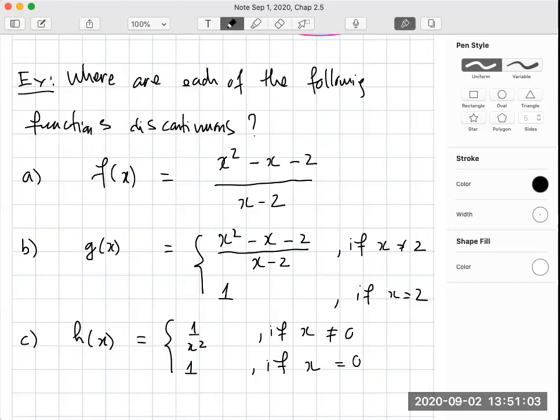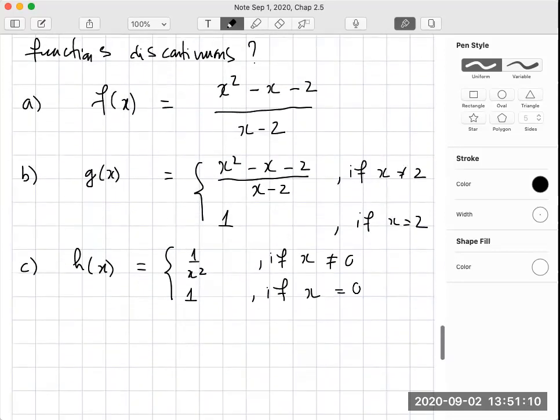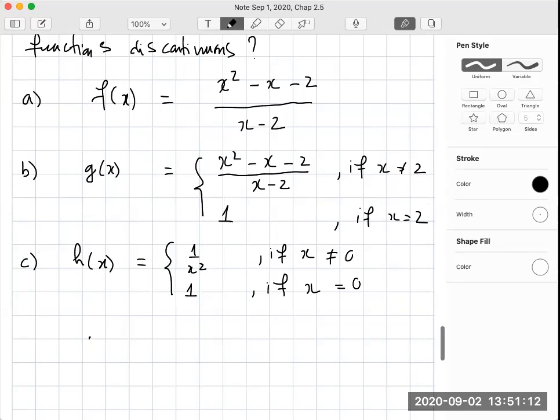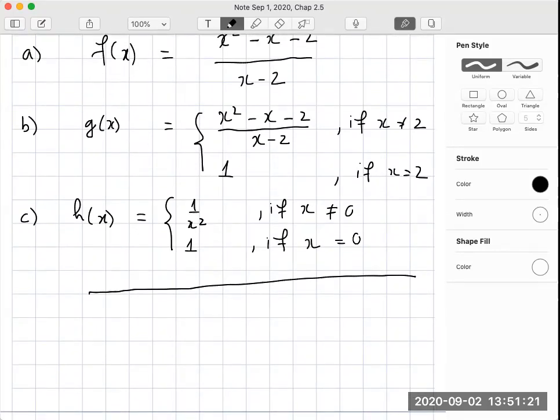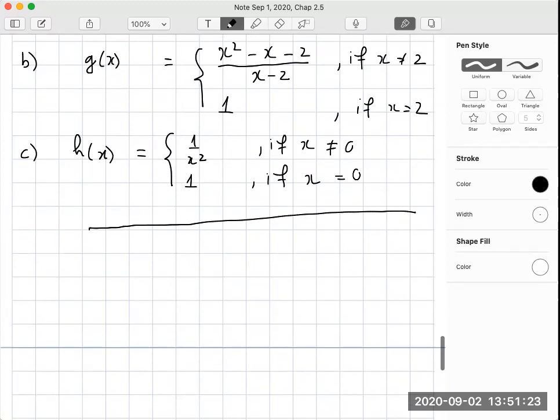Okay, this is the question. Now we need to solve this one. We don't have to make a graph of this, but for your information, let us just look at the graph here.